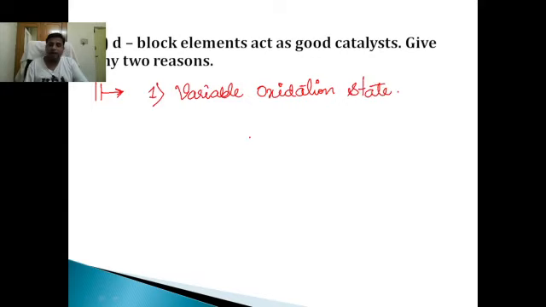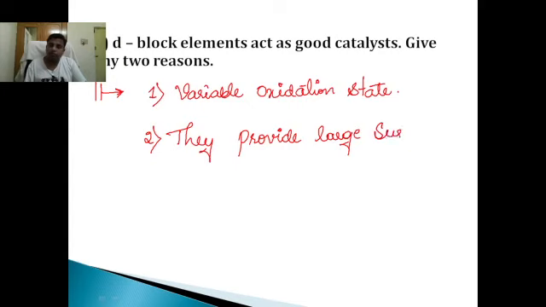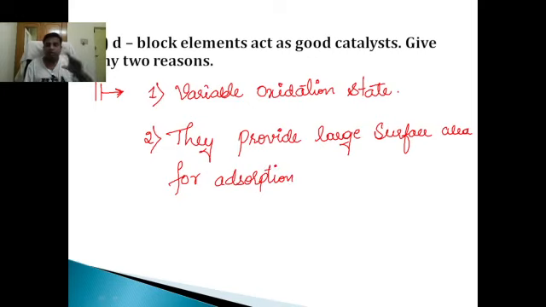The other one is they provide large surface area for adsorption. These are the 2 reasons.